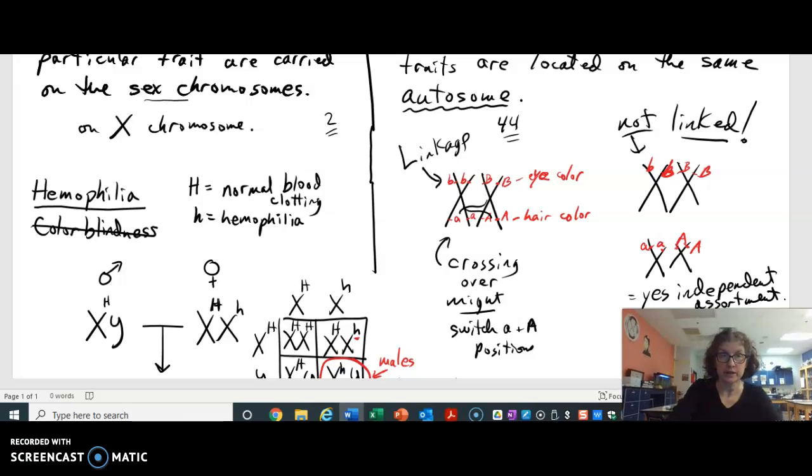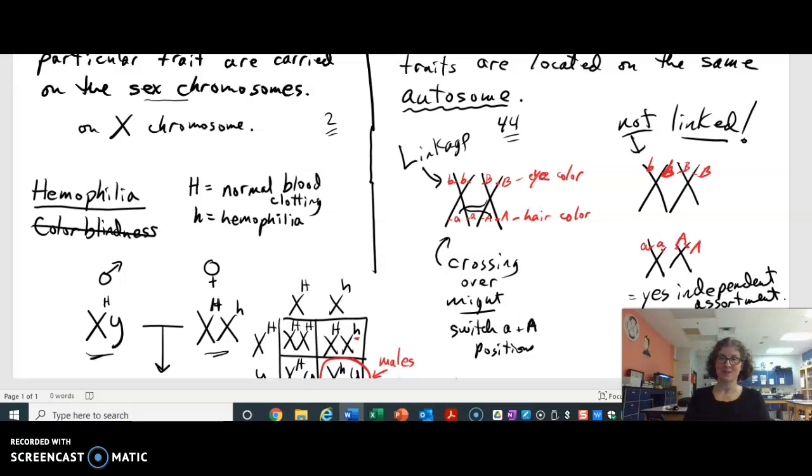I just wanted to contrast sex linkage, where you have alleles for a single trait that are being carried on the sex chromosomes, like these, which is a very special condition and is only found in certain things like hemophilia, color blindness, the white-eyed fruit flies in your fly lab, and a few other things. Linkage is actually very common. I mean, we have 46 chromosomes. We certainly don't have just one gene on each chromosome.